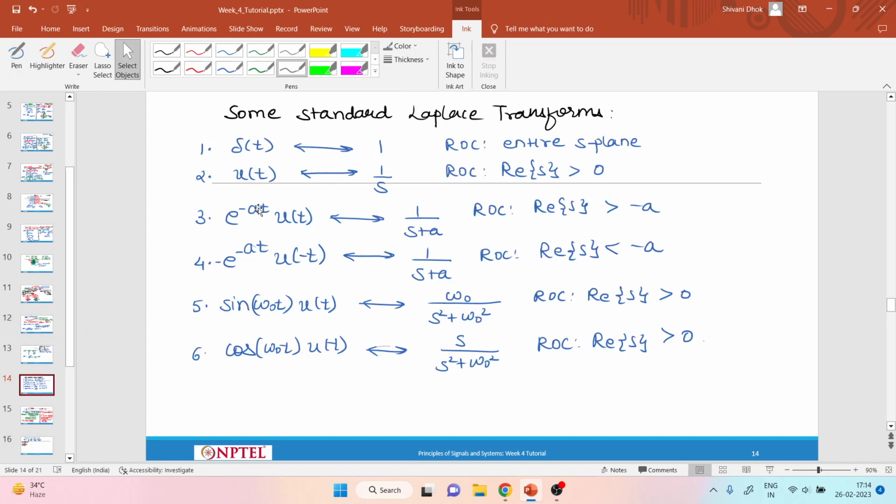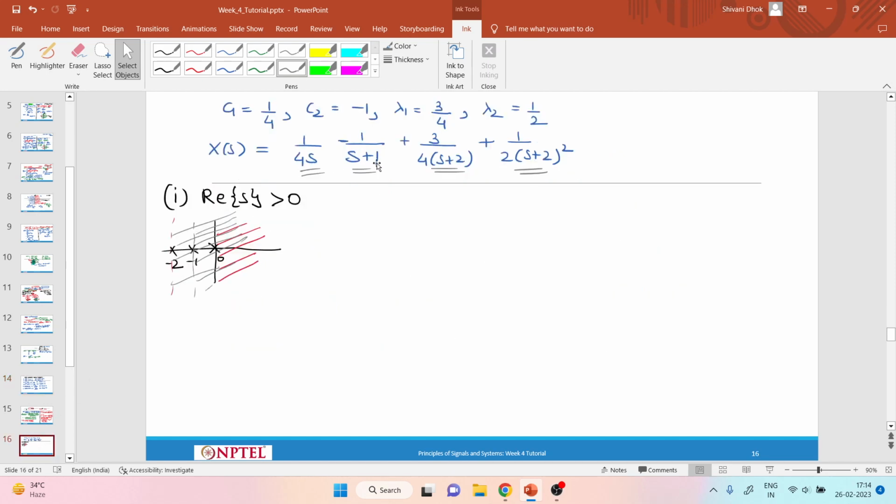Now if we look at this table here, I am having a component 1 upon s plus a, and also my region of convergence is right hand sided, that is right of the rightmost pole. So therefore here also the time domain representation will be e power minus at u of t. So here for 1 upon s plus 1, my a is equal to 1, and therefore I can use e power minus at u of t.